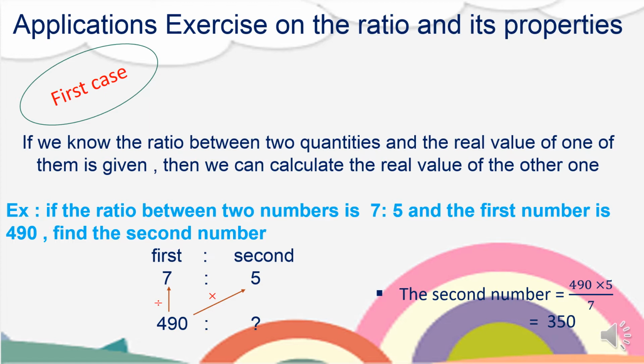I put the ratio and I put the real value under the ratio's part. After that, we multiply the two numbers facing each other by crossing and divide by the third number.